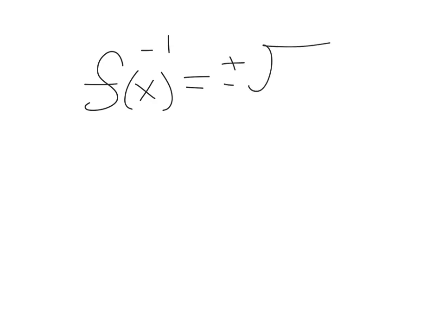I wanted to just take a moment and discuss some form issues that we've been using. So we've been talking about the inverse of f(x), and we said that in the previous example we had plus or minus the root of x. But we also identified that because of the plus or minus, this is not a function.